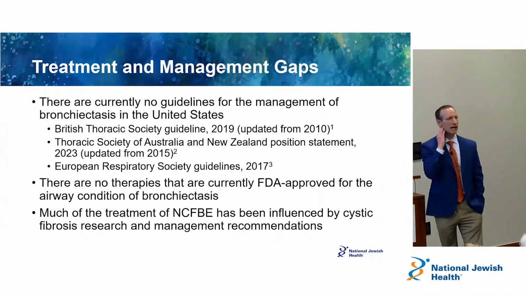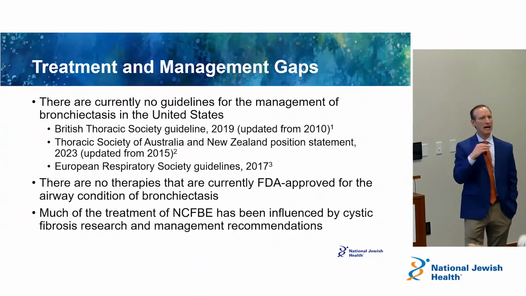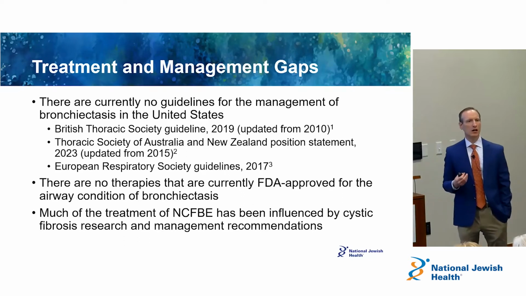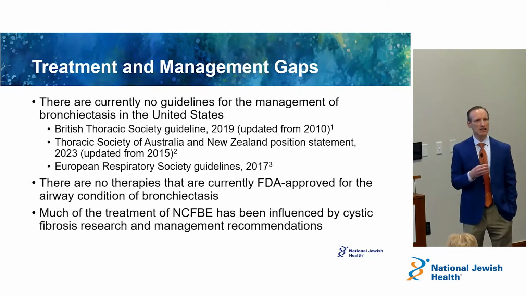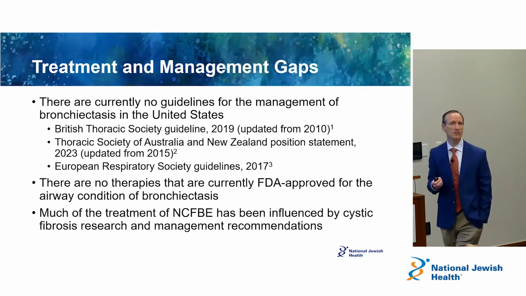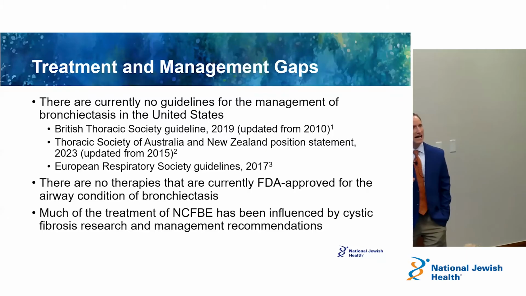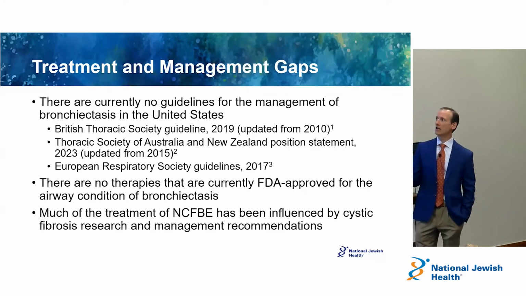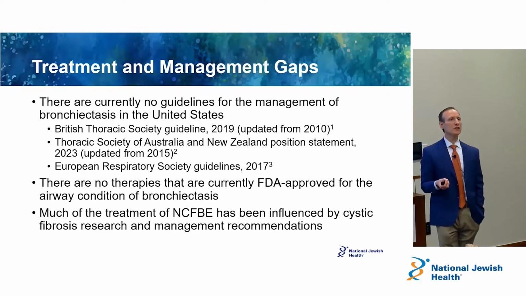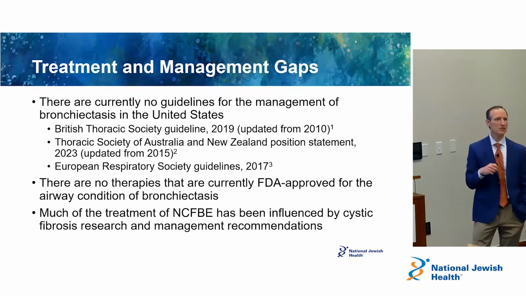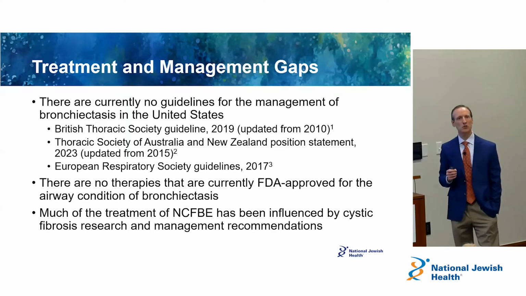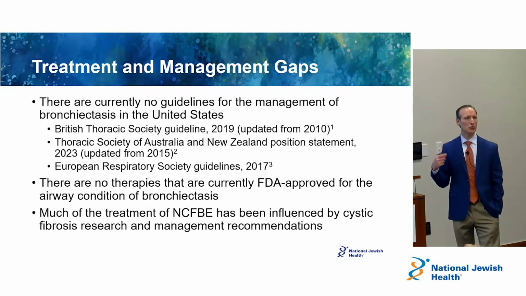This slide is to really highlight that a lot of the things we do are based off of studies that are not approved. A lot of the things, meaning not approved for non-CF bronchiectasis. There are guidelines in other countries. Currently, the US, the big organizations, the CHEST and ATS, that's sort of our two big ones for pulmonary and infectious disease, of course, are working on guidelines, and those will be released.